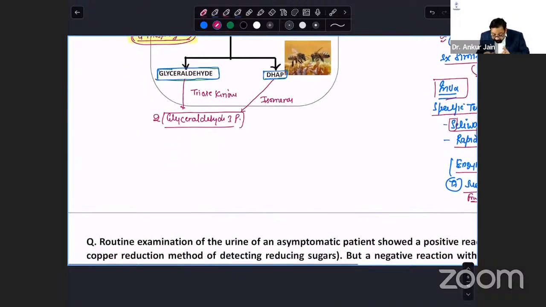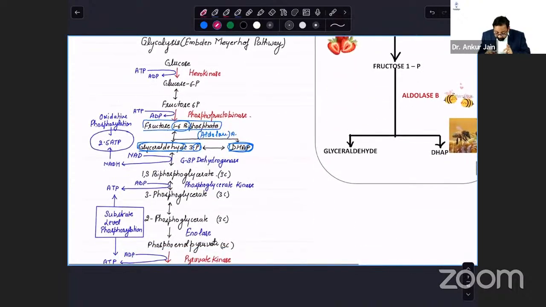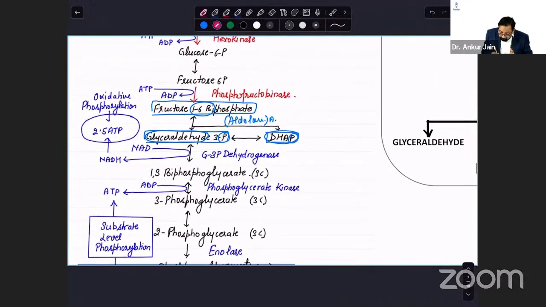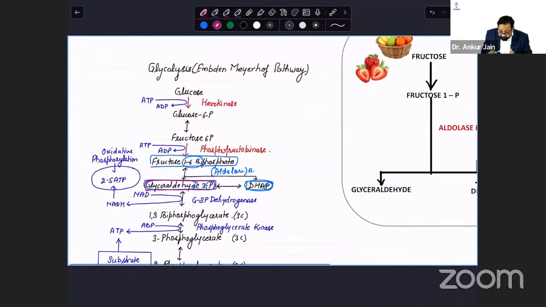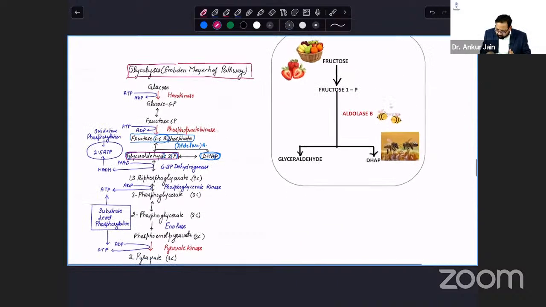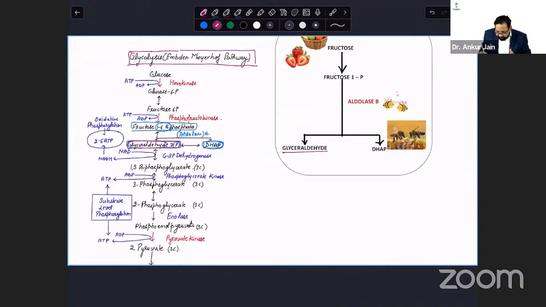Now glyceraldehyde 3-phosphate will enter glycolysis. You are aware of glycolysis, so you can draw this over here also. Glyceraldehyde is converted to glyceraldehyde 3-phosphate, DHAP is converted to glyceraldehyde 3-phosphate, and ultimately glyceraldehyde 3-phosphate enters glycolysis at this point.